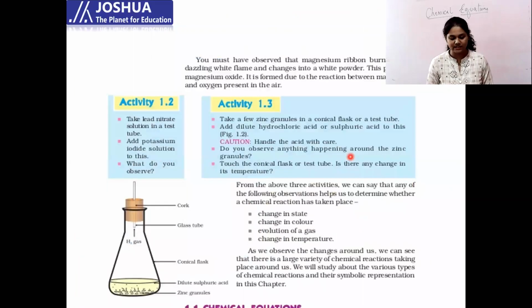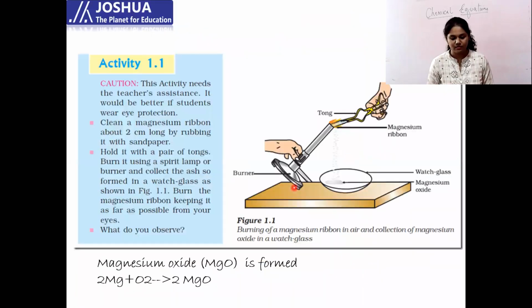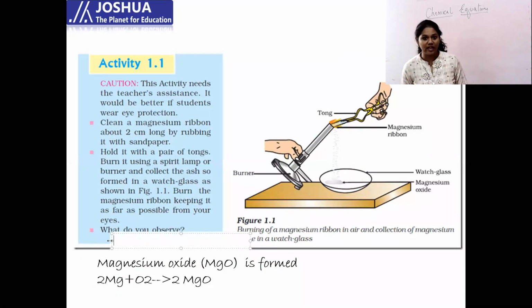Now check out this table again. Here, what do you observe? What will you write here? What did you observe when you did this activity? You observe a dazzling white flame, correct?